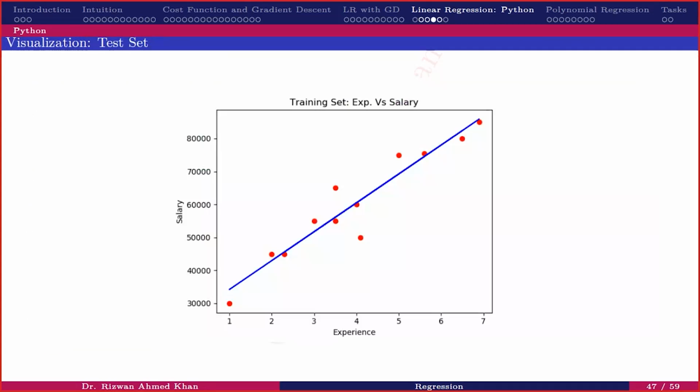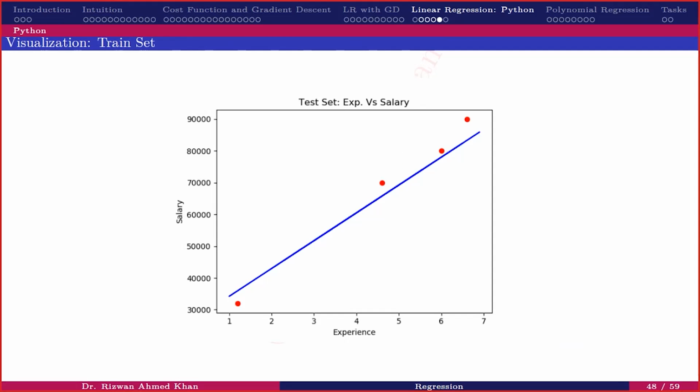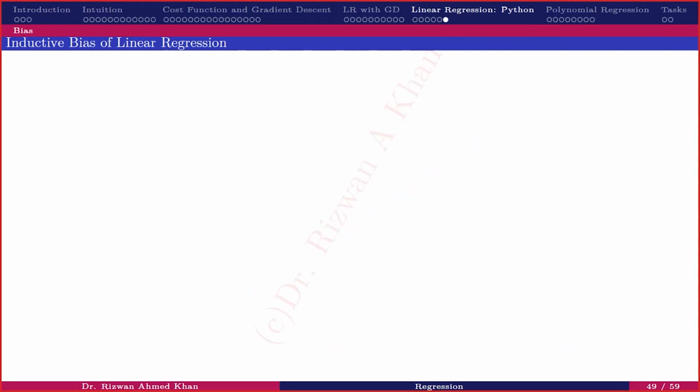So this is the same example which I showed you earlier, and I used the sklearn library to find the best fit line, and you can see this is giving quite good results. So this is the training set, and on the test set you can see these 4 points were not included in training, but our best fit line is quite near to those points and will give quite good results.